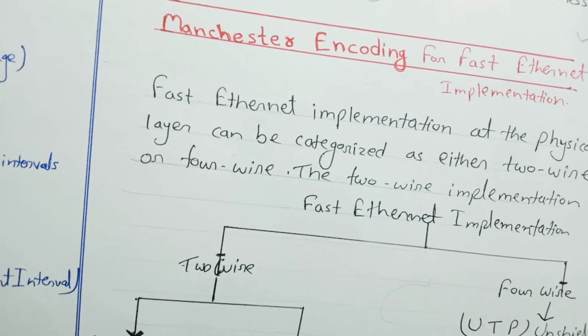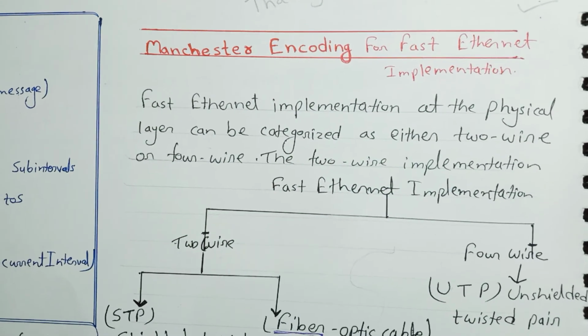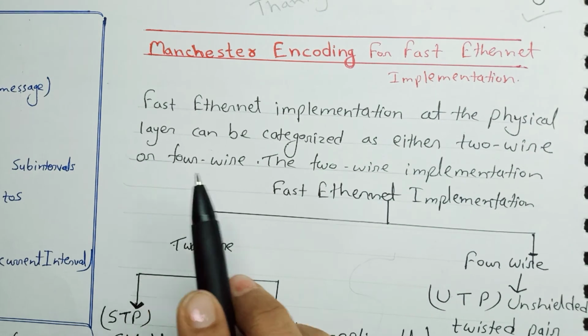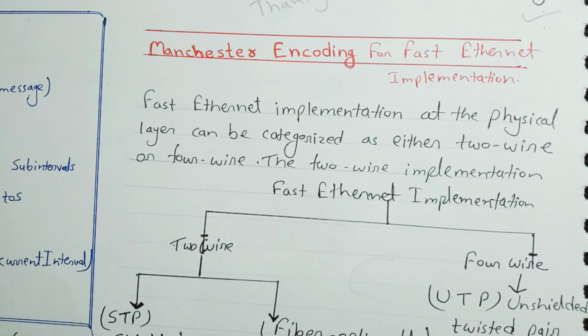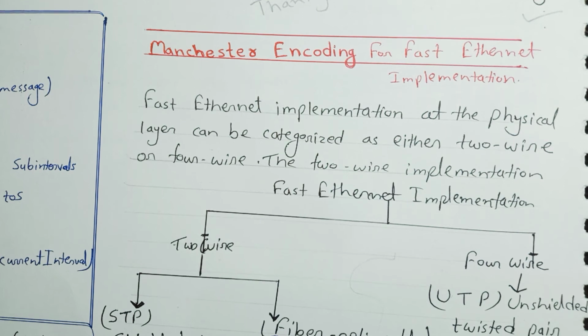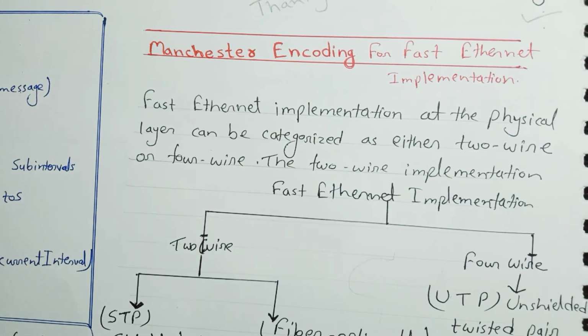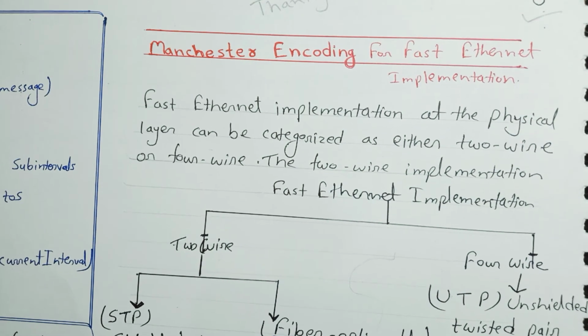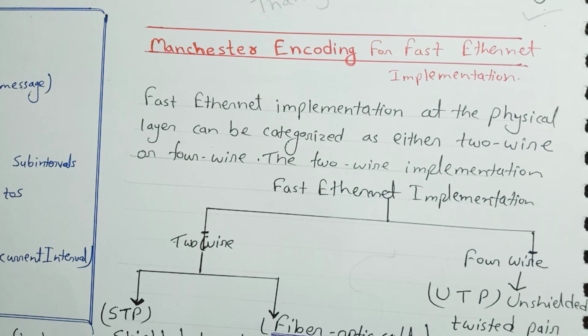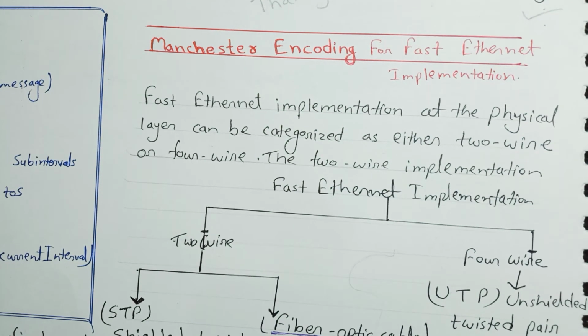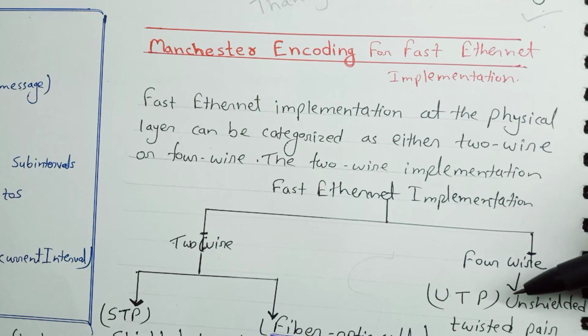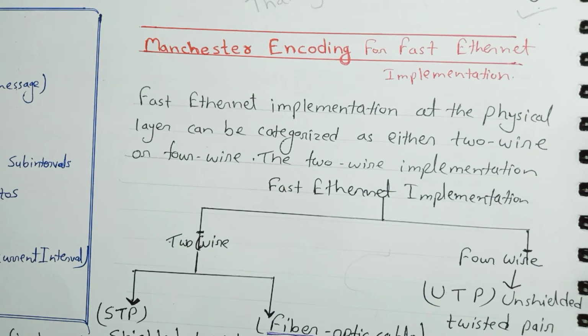What is Manchester encoding? It is the fast Ethernet implementation at the physical layer, which can be categorized as either 2-wire or 4-wire. The 2-wire implementation uses STP, shielded twisted pair, and fiber optical cable, and the 4-wire uses UTP, unshielded twisted pair cable.